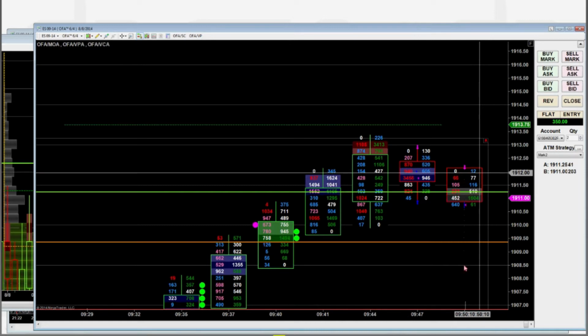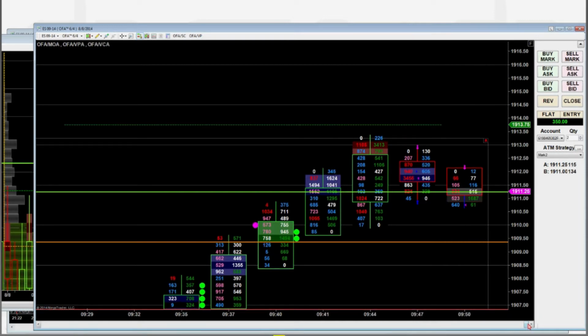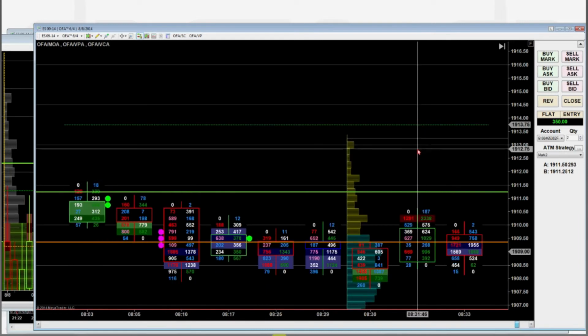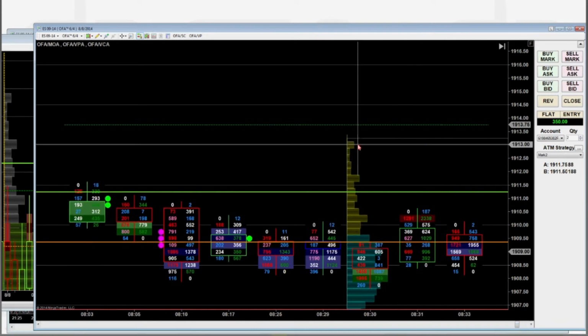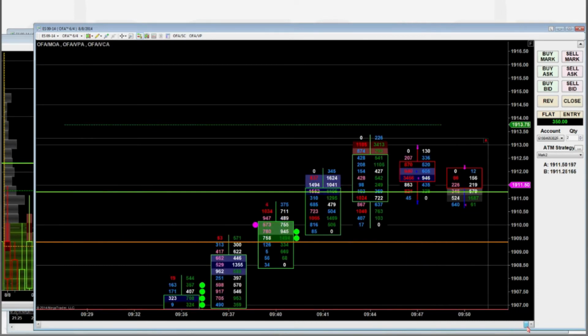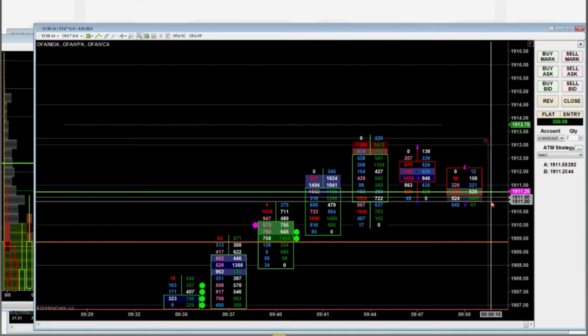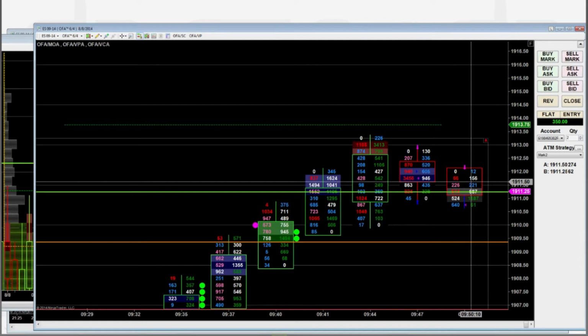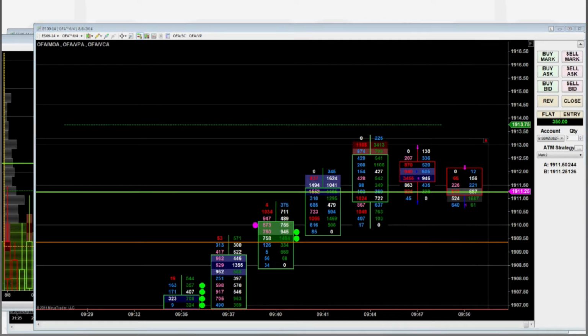The profile certainly doesn't look finished to the upside, but you can see right here at the upside, we've got this volume knob right there. And with price not moving any higher, it was a pretty good sign that we'd see price start to rotate back down, which is why I started managing that trade. Yeah, range extension to the stop side, to the upside.